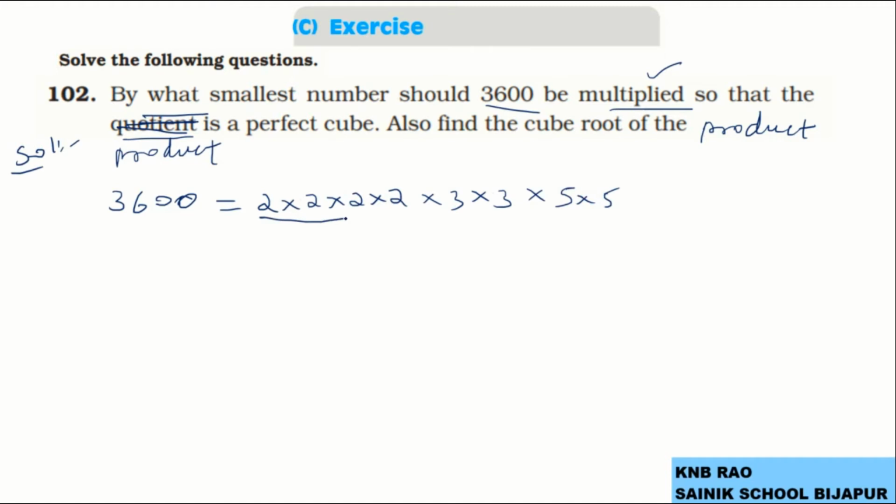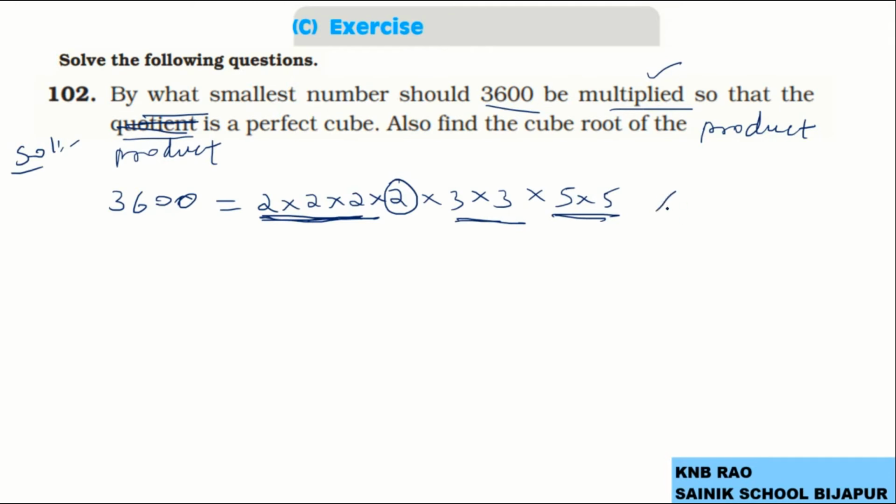That means prime factor 2 is once in a group of 3's, but has one more 2 multiplied without being in a group of 3's, and prime factor 3 is also not in a group of 3's, and prime factor 5 also is not in a group of 3's. So we need to multiply. By what?